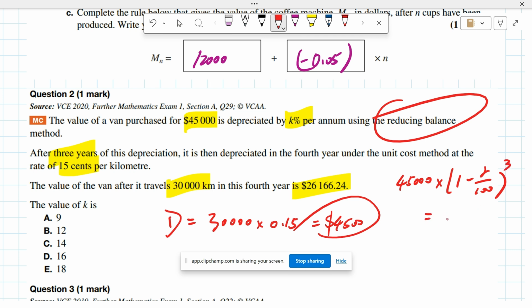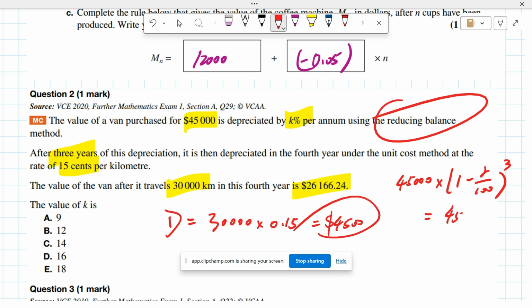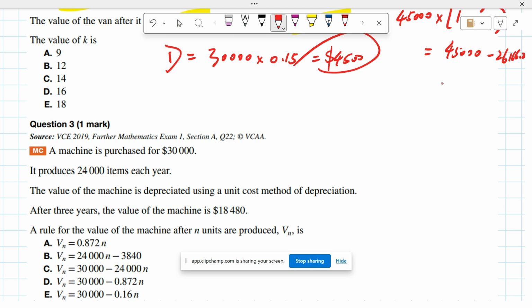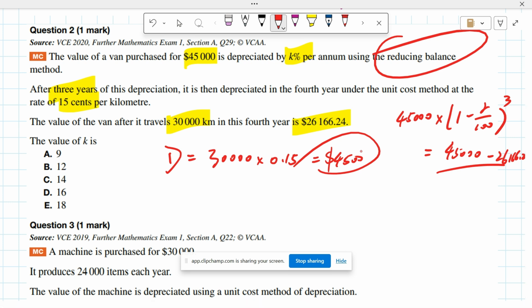What's the money we have? It's $45,000 minus 26,166.24. Why minus 26,166.24? Because that means it's after the fourth year, so we need to subtract it, and that gives the value at the third year.